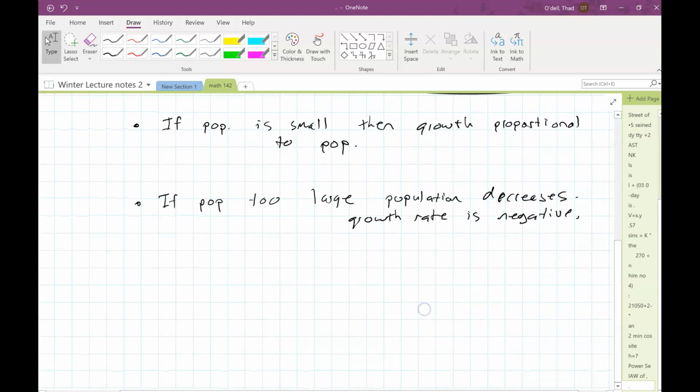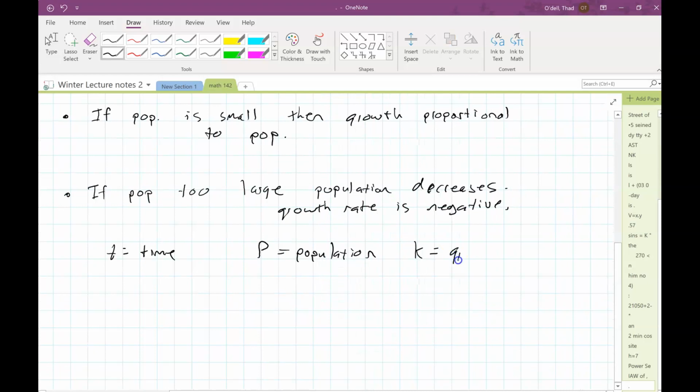Pretty sweet, huh? So now there are just two assumptions. The first one is similar to the one we had earlier, and then there's this new one based on rabbits outgrowing their environment. We have the same independent variable, t equals time, and the same dependent variable, P equals population. We have that same k, which is a parameter, the growth rate parameter.